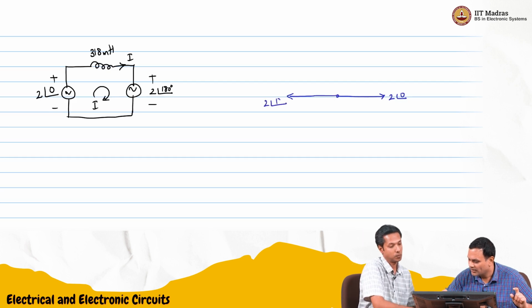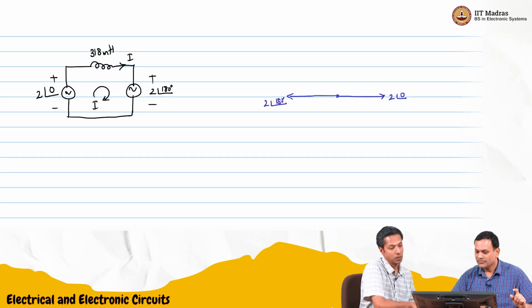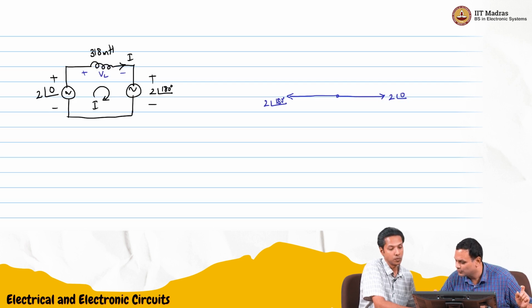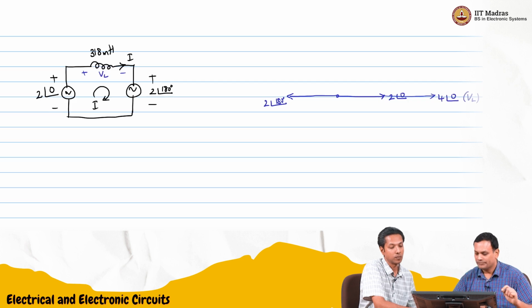And this voltage VL is the difference between the two, so it will be 2 angle 0 minus 2 angle 180. So it will be double the length. I'll just show it like this. So this will be basically 4 angle 0. So this is VL. And that makes sense, 2 minus minus 2. So 4 sin omega t will be VL.